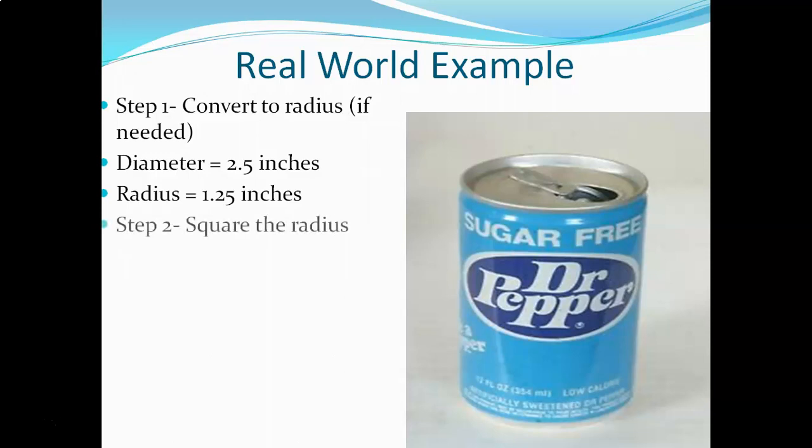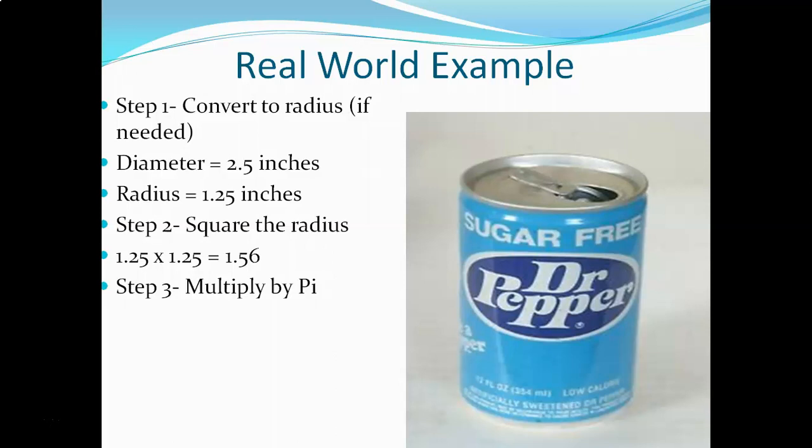Step 2, square the radius. How do you square a number? You multiply it by itself. So 1.25 times 1.25 is about 1.56. Next, you multiply by pi.